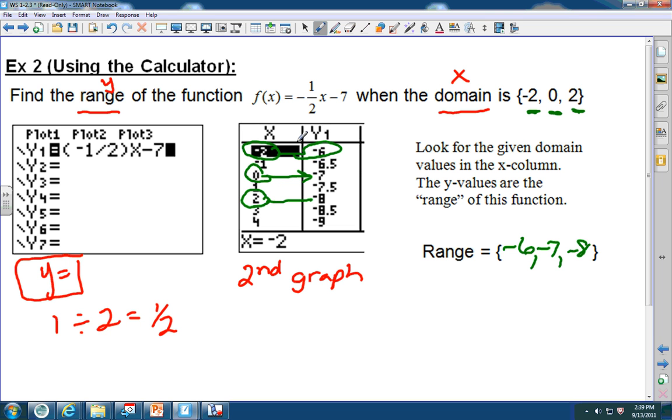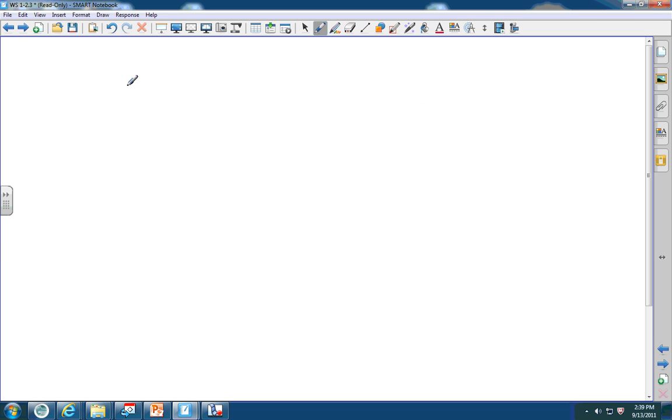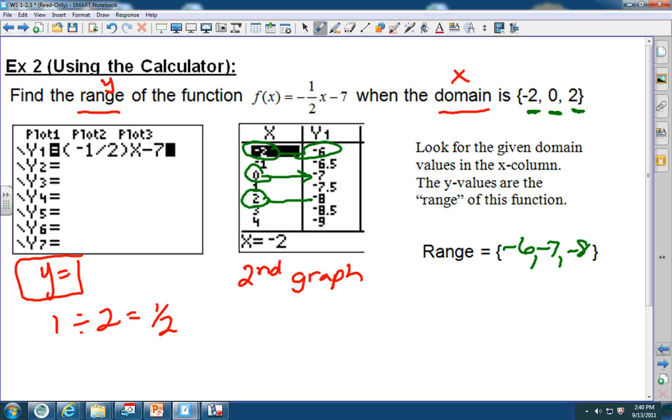Now, you can still do these the same by hand if you wanted to, by putting -2 in here for x. So let's go back here and let's do this. All right. So I have f of x equals -1/2 x, and then down over here, oh no, it's -7.